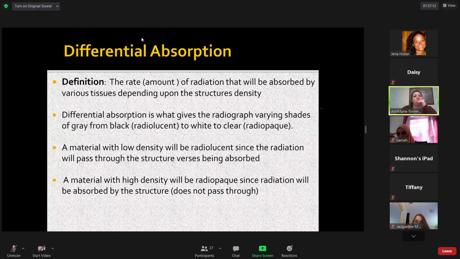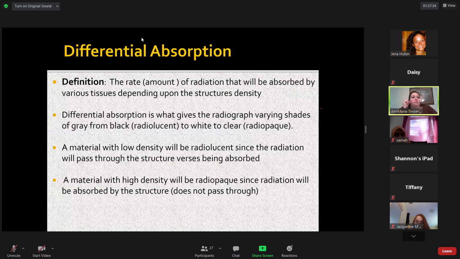All right, so differential absorption. This is the rate or the amount of radiation that's being absorbed by different tissues depending on the structure's density. Differential absorption is what gives radiographs those varying shades of black and gray, or radiolucent versus radiopaque, which we talked about in the first week.